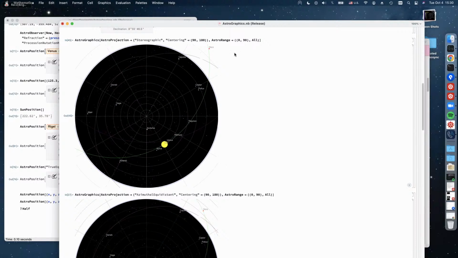Exactly. And it will convert whatever the inferred actual astro positions of the objects were in the first argument, not the observed astro positions, but the absolute astro positions, and then use the new observation specification to decide how to present those in the astrographics.